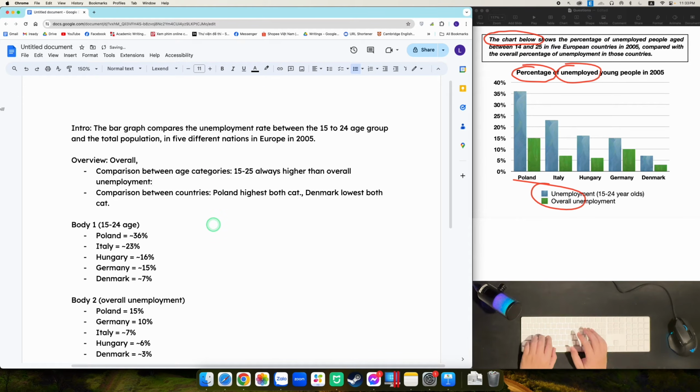Now for the overview. The unemployment rate of the young cohort was higher than the overall percentage for all given countries.